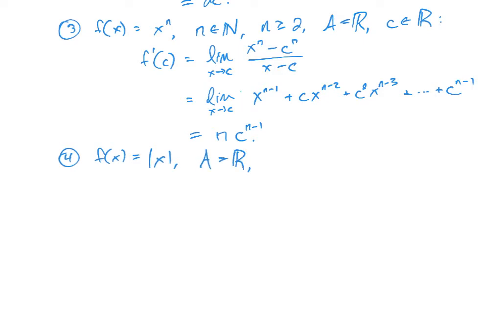Domain is all of R. And c is some real number. f prime of c is the limit as x goes to c of the absolute value of x minus the absolute value of c, divided by x minus c. Okay, what's that equal to?